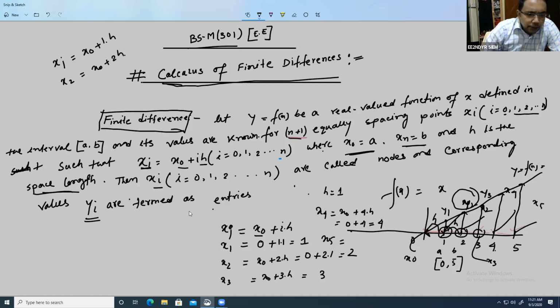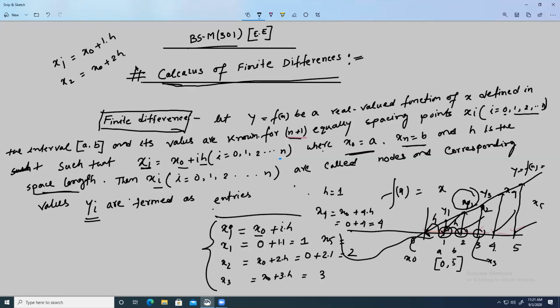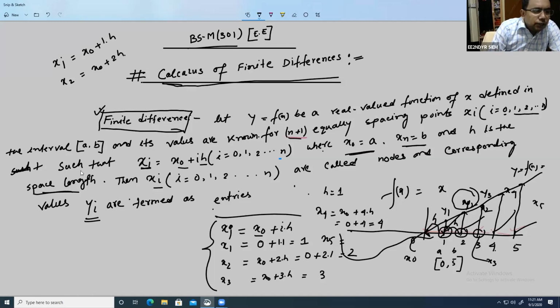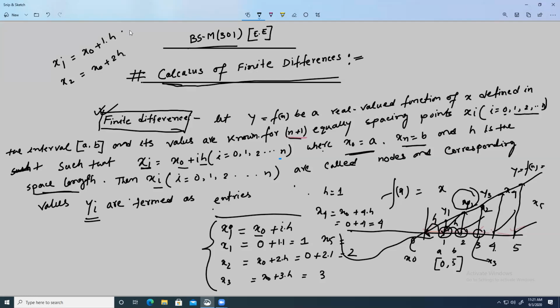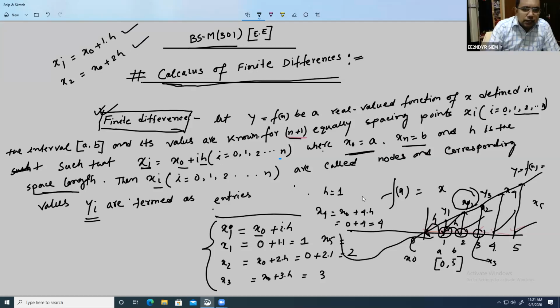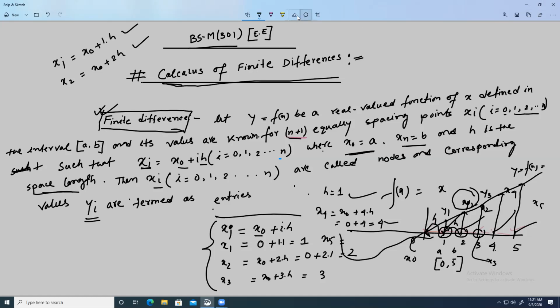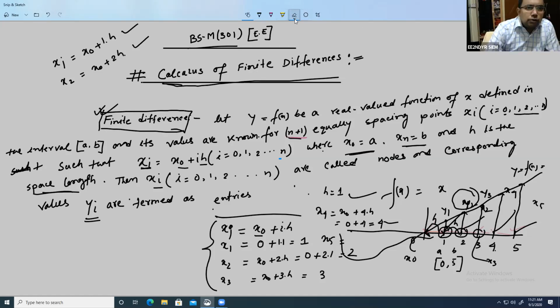All these are notes for you. You may write it in rough. This is definitions, you have to write it in your notes. These are not part of your notes, this is for understanding. Clear? Okay, sir, I am erasing the first part.